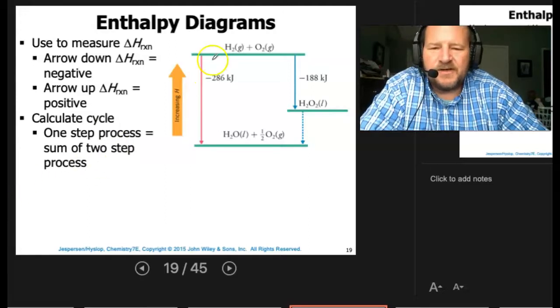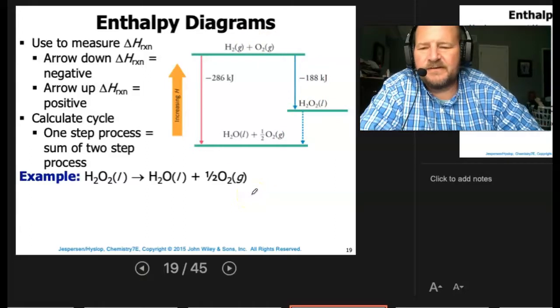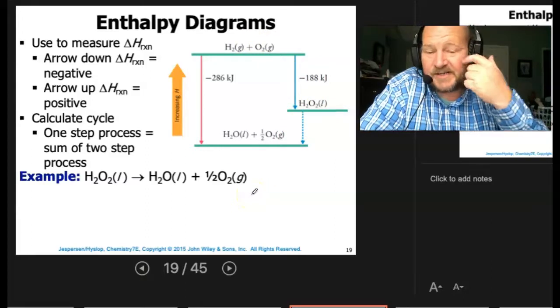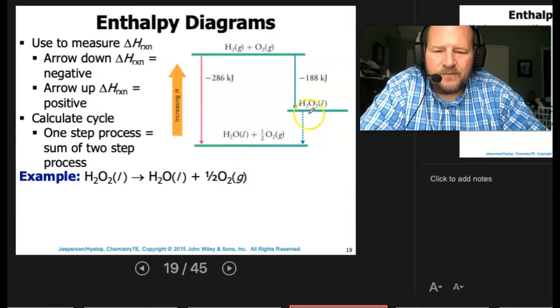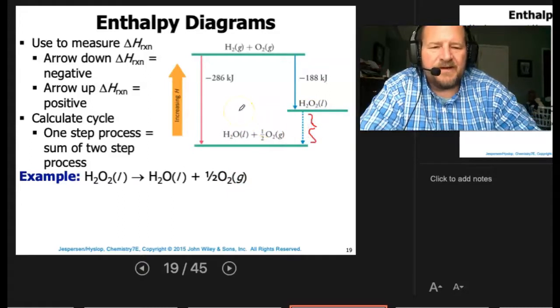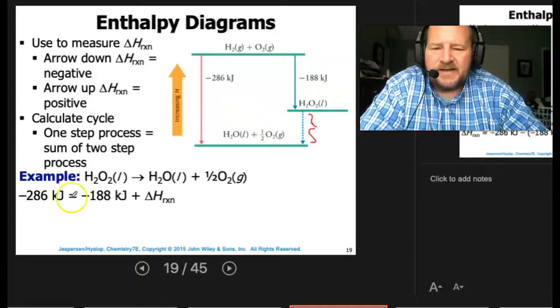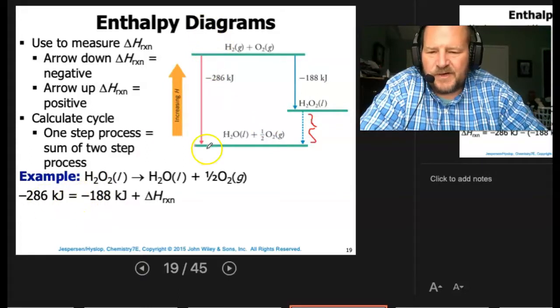So in other words, to go from here to here would be negative 286. To go from here to peroxide would be negative 188. We can then calculate the difference of that second step. Okay, so an example here, we have peroxide going to water plus 1/2 O2. So we can go from here to here, and we can look up what that value is by taking the negative 286, which was the whole process.